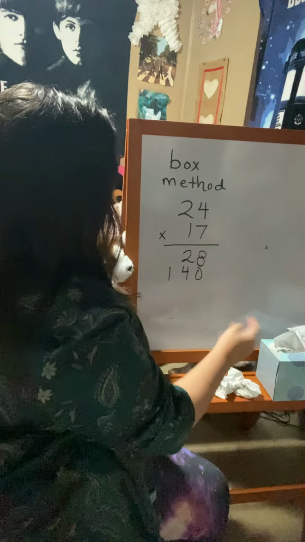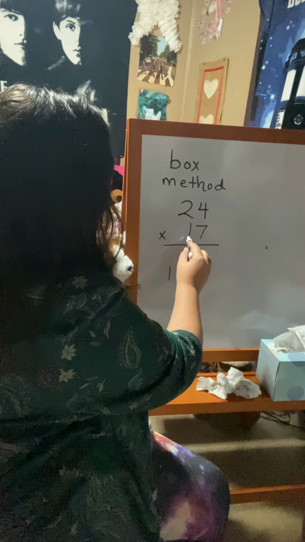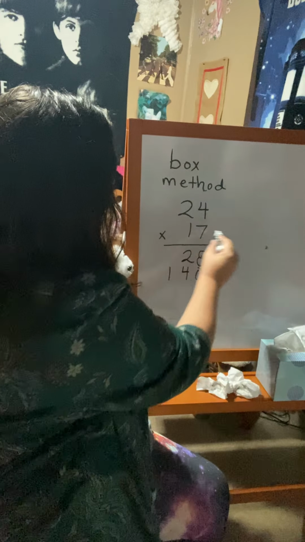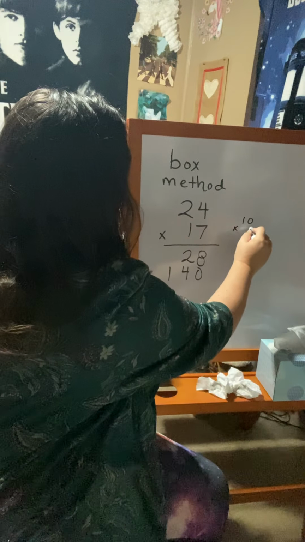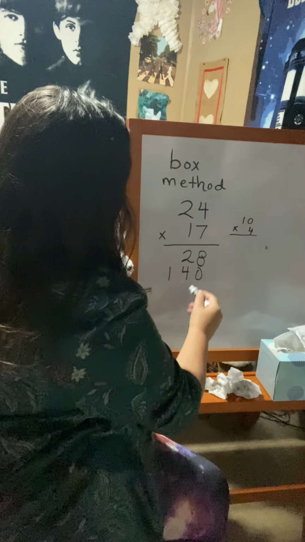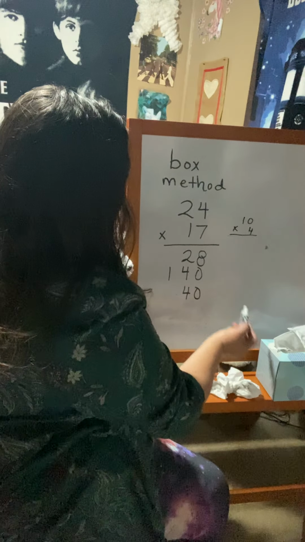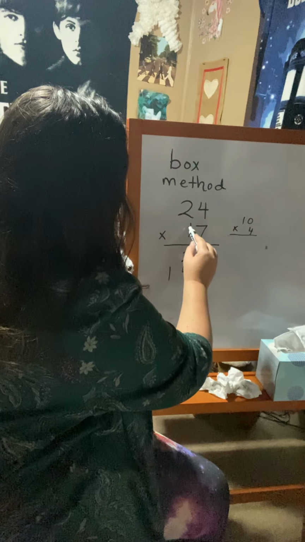Now this one, like I said, it's tricky. This is not a 1, it's a 10. So what is 10 times 4? Well, the 1 times the 4 is 4, plus the 0 is 40. So this is 40. And this is 10 times 20.